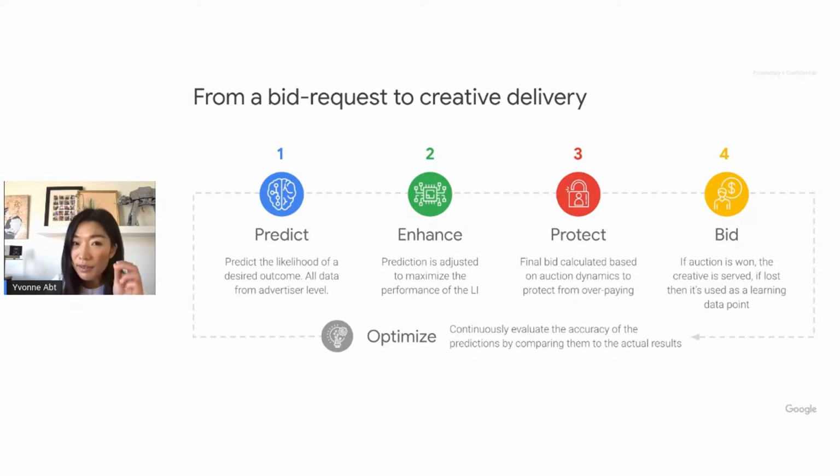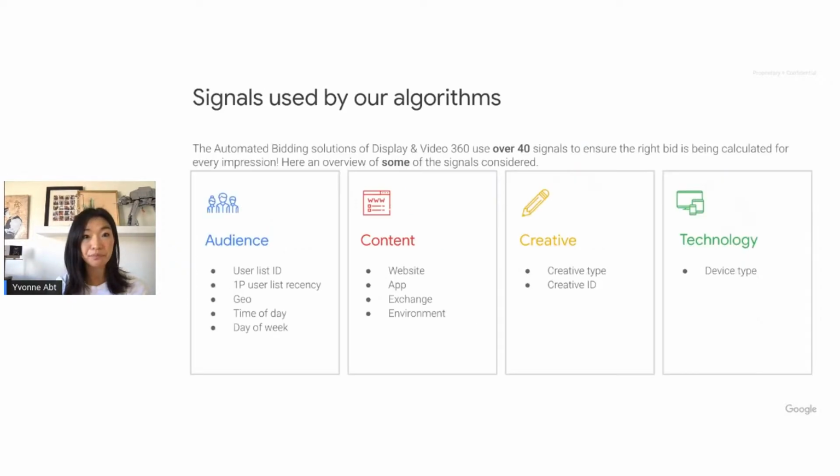And then it makes another calculation based on what's actually happening in the bid marketplace, what other advertisers, how they're bidding, their highs and lows, and makes that adjustment to protect your investment. And then the bid is made. But then, of course, that process starts over again because all of those learnings get fed back into the algorithms so that it's learning and retraining the models over time.